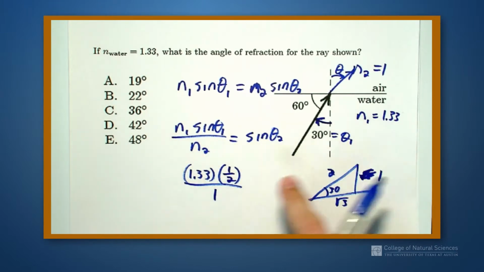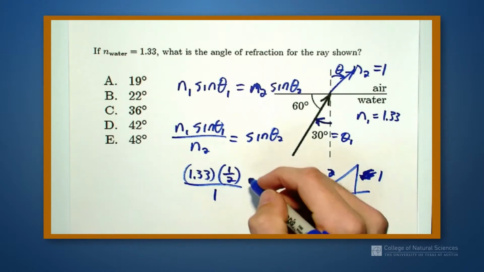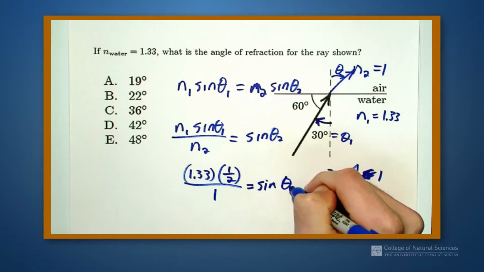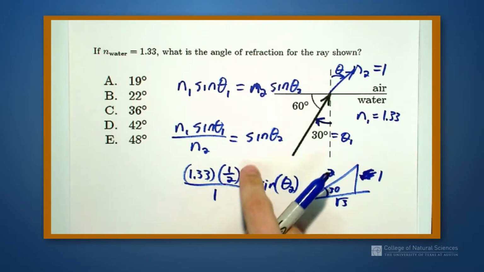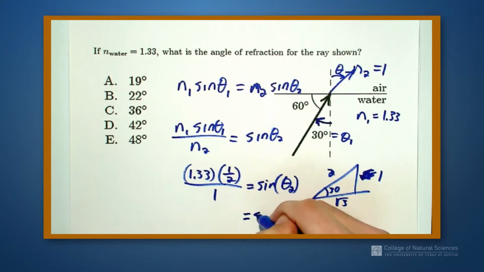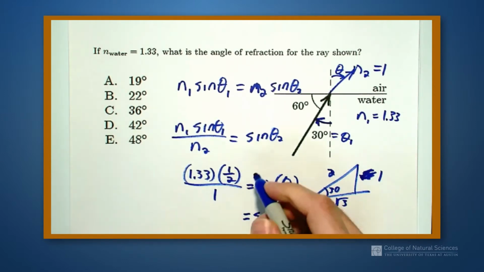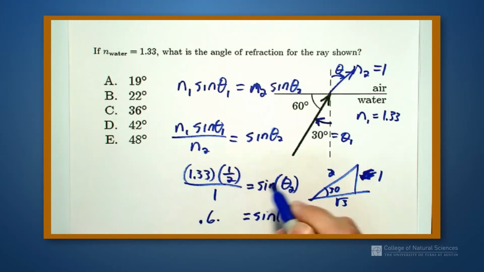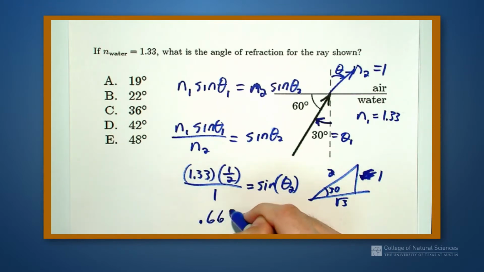And I know that n2, the index of refraction that I'm going into, which is air, has an index of refraction of 1. So I know that the sine of my angle in air is equal to 1.33 divided by 2, which is the sine of theta 2, approximately equal to 0.665.